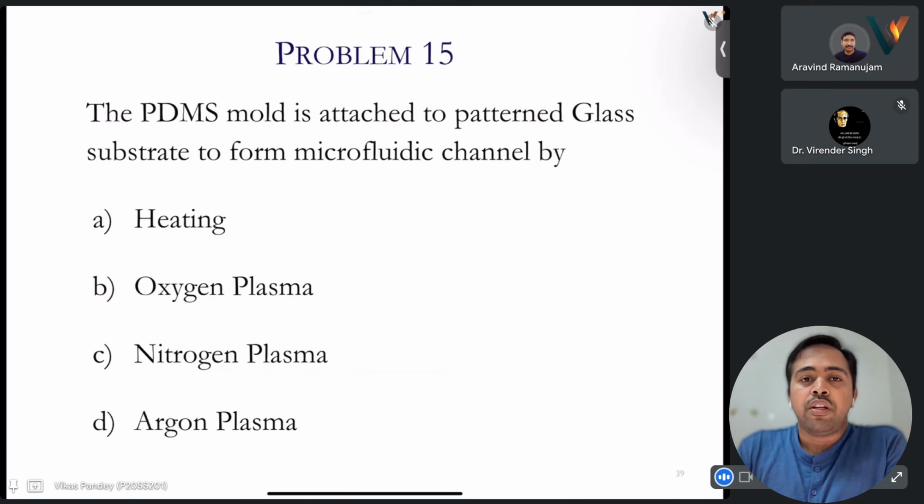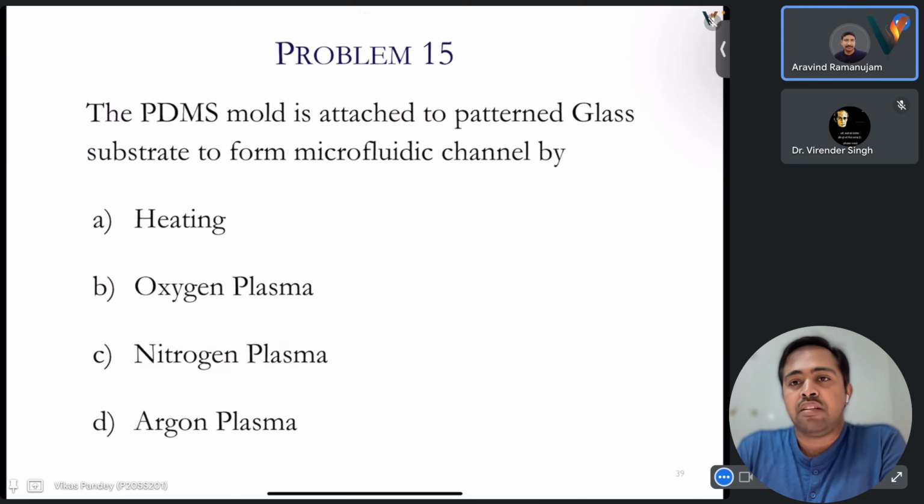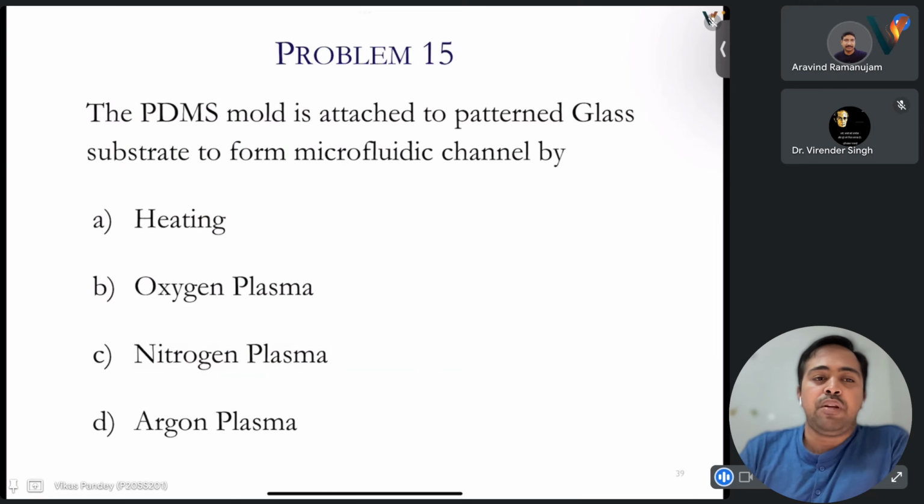The PDMS mold is attached to the patterned glass substrate to form microfluidic channel by heating, oxygen plasma, nitrogen plasma, or argon plasma.